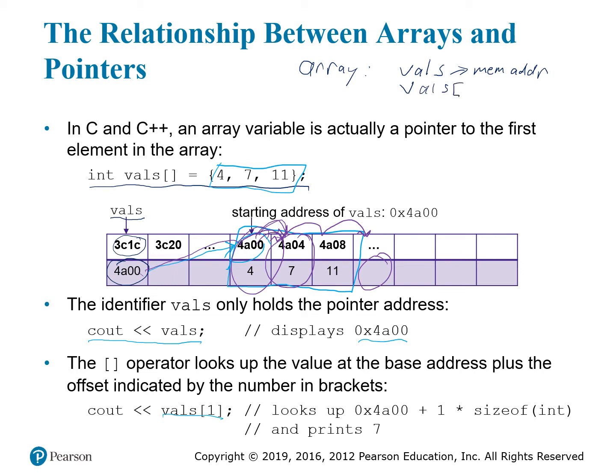Vals bracket n points to value n plus 1. Okay, so vals at 0 points to value 1, vals at 10 points to value 11. Okay.